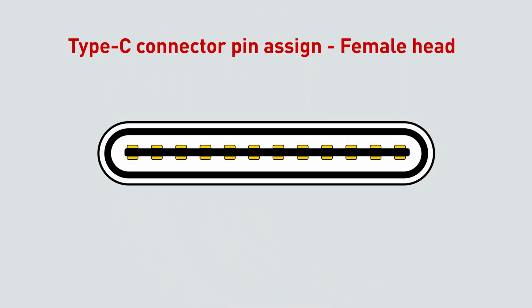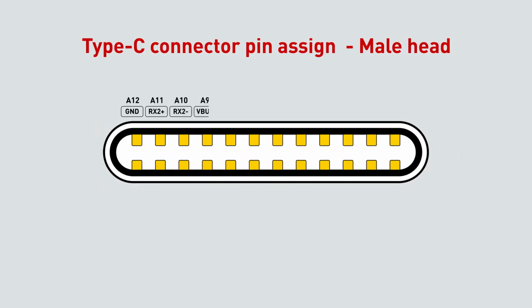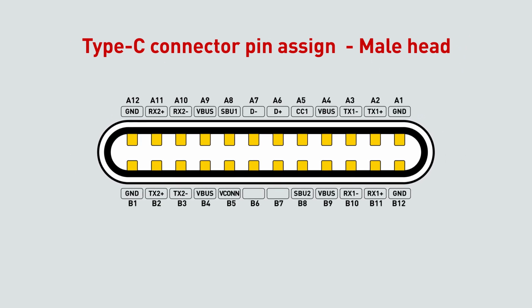You will find that if you flip the interface 180 degrees, TX1, TX2, RX1, RX2, the two-pair data transmission pins, are just opposite over. From the internal structure of the male head, which represents USB 2.0, 1.0, the D+, D- line is actually duplicated. This is also the reason for the 22 pins on the male head.